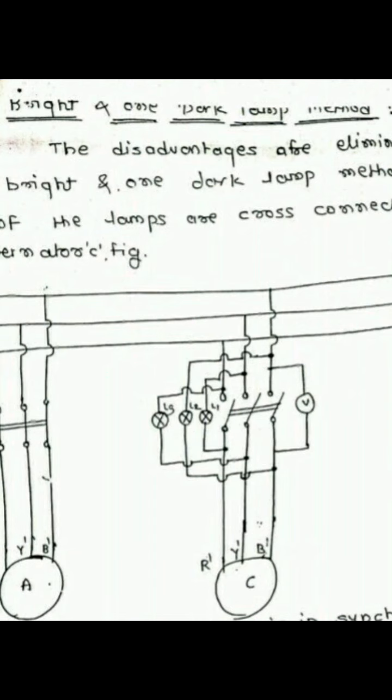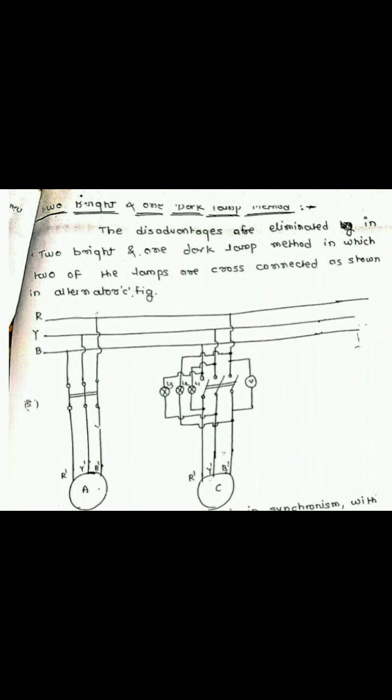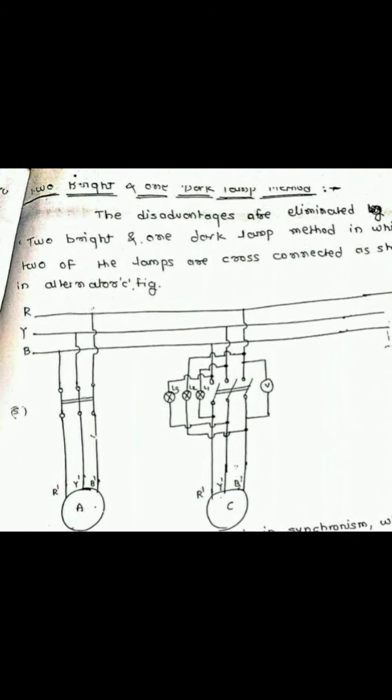The second lamp has both connections to B dash, and for lamp L3 the first connection is connected to R dash and the second connection is connected to Y dash. So lamps L1 and L3 are cross connected to each other, and that is the change from the previous method of synchronization of an alternator.